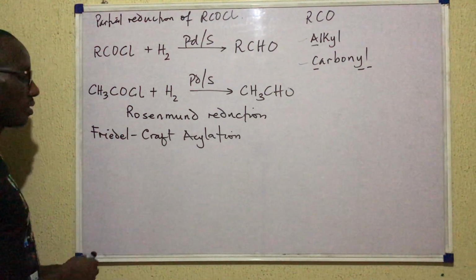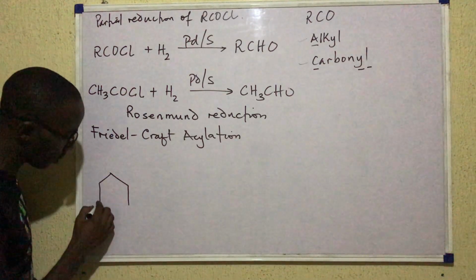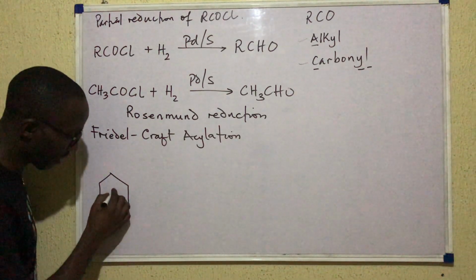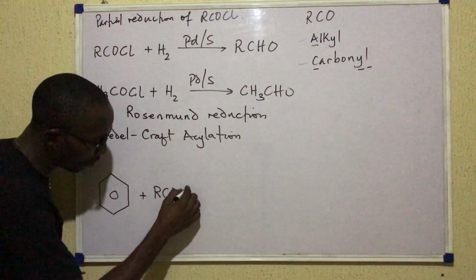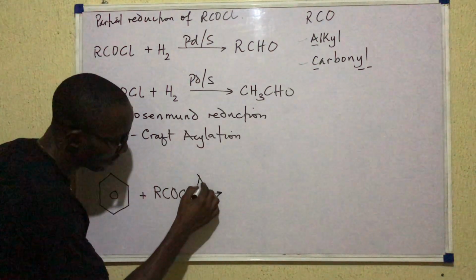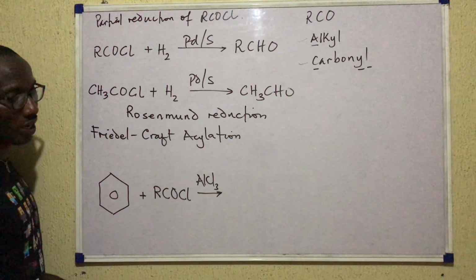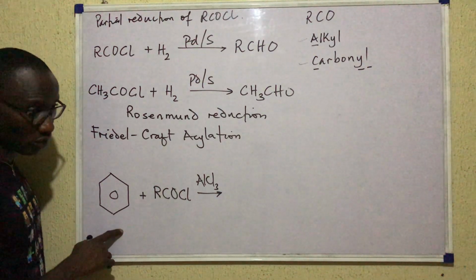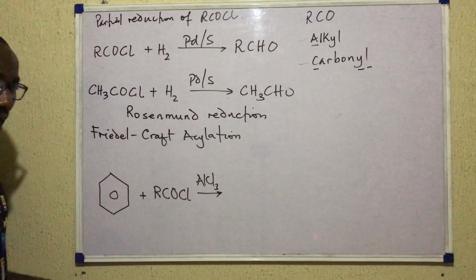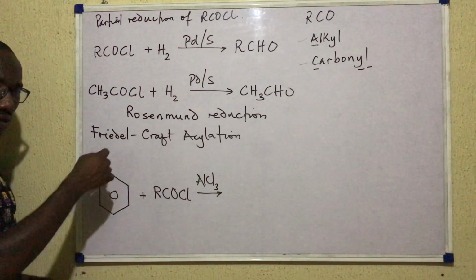Now in this case, the Friedel and Crafts acylation is a reaction of benzene. So it means that the initial substrate here will be benzene. Now if benzene were to react with RCOCl in the presence of a trihalide, let's say aluminum chloride as catalyst, we are going to get as product, this is a substitution reaction. Substitution means that something is going to leave our benzene and something else is going to replace it.